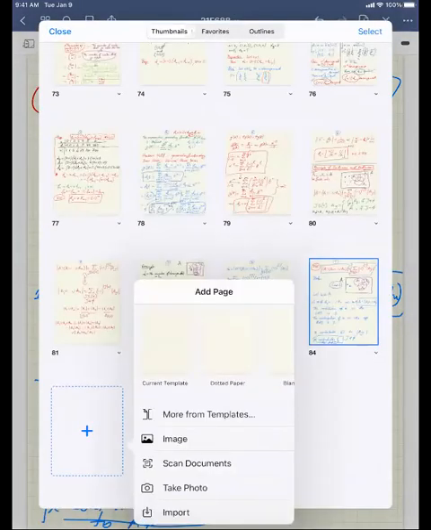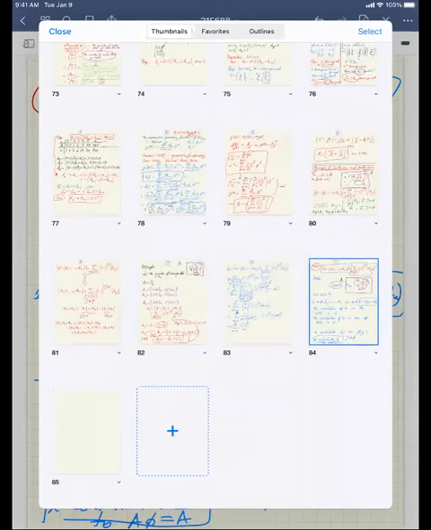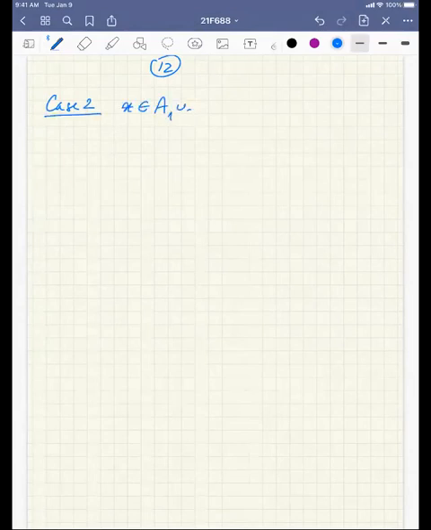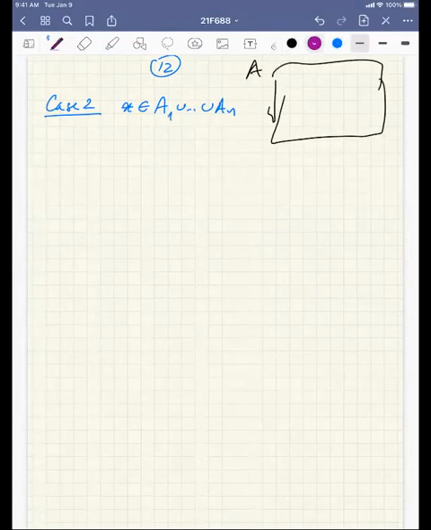What is case 2? Where x belongs to A1 union AN. So again, we have this A, we have our A1, A2, AN, and maybe our x is somewhere here.